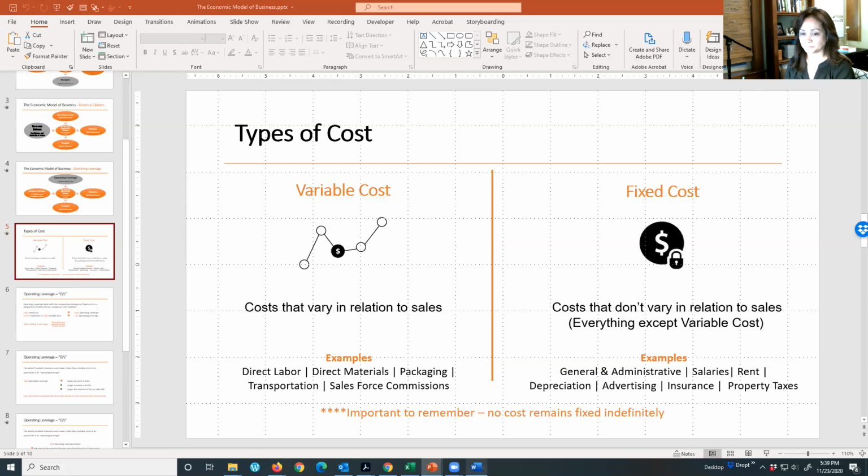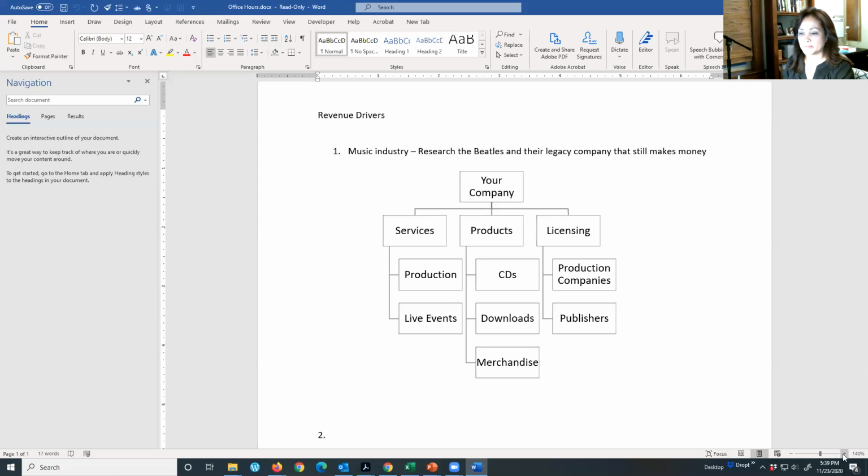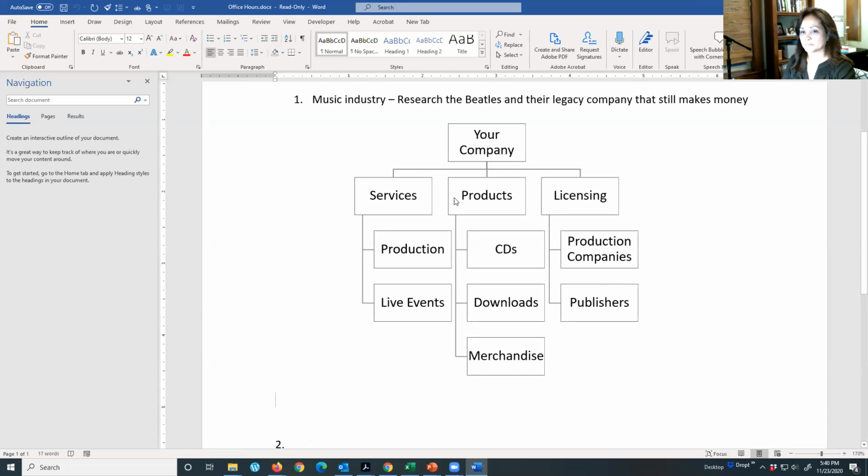So, talking about revenue drivers for the music industry, you have your services. This is kind of similar to what Nicola and Anita are doing. You could do workshops, Nicola. For your services, those live events include those workshops, or maybe instead of production, because they have to produce their content, which you actually will be too.